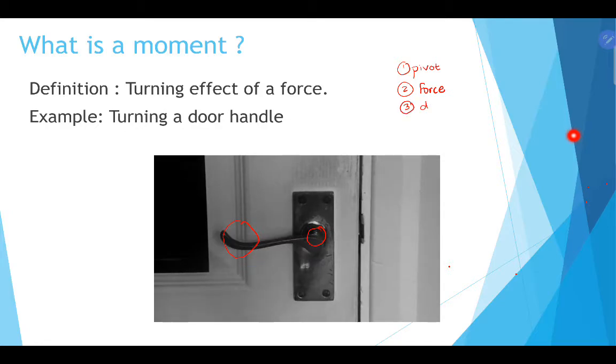And third is the distance between the pivot and the force. Pivot was here, force was here, so this is your distance, perpendicular. In this case, you have a turning effect. The moment is turning that way, so that is an anti-clockwise direction.